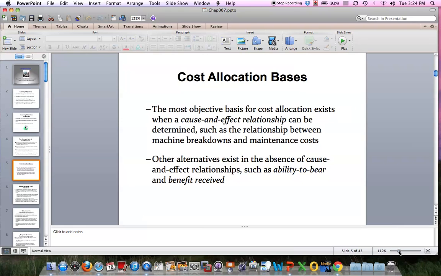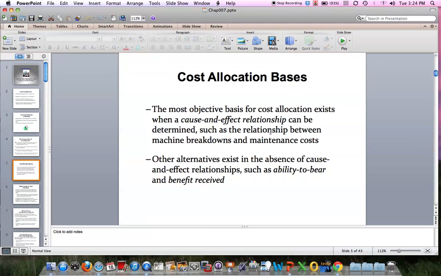So, for cost allocation bases then, one thing to keep in mind is you really want to think about the most objective basis for cost allocation, and they're talking about what they call a cause and effect relationship. So the best that can be determined should really be what you use to allocate cost. And so quite often that might be something along the lines of machine breakdowns and maintenance costs. So we're going to allocate based on one thing happening that the cause has an effect on something else.